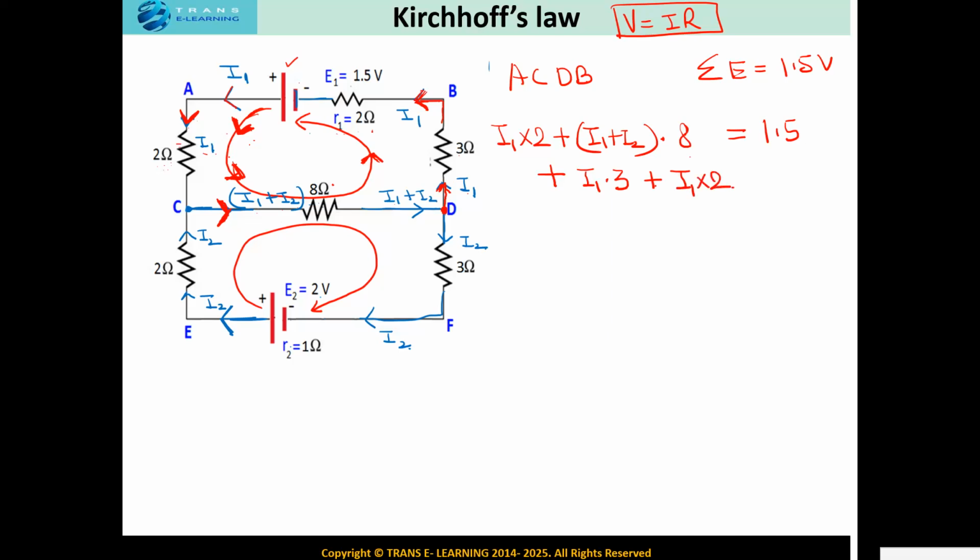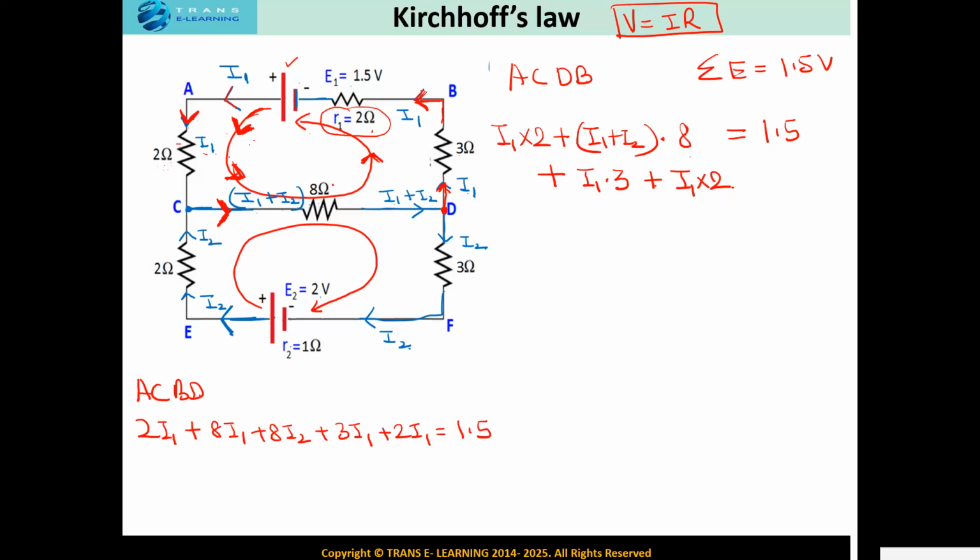So remember, when you're taking the EMF of the whole circuit, you have to consider the external as well as the internal resistances, and it will be equal to the total EMF or the potential given across this loop. So practically this is the equation which I'm writing here, the equation for ACBD: 2I1 plus 8I1 plus 8I2 plus 3I1 plus 2I1 is equal to 1.5.